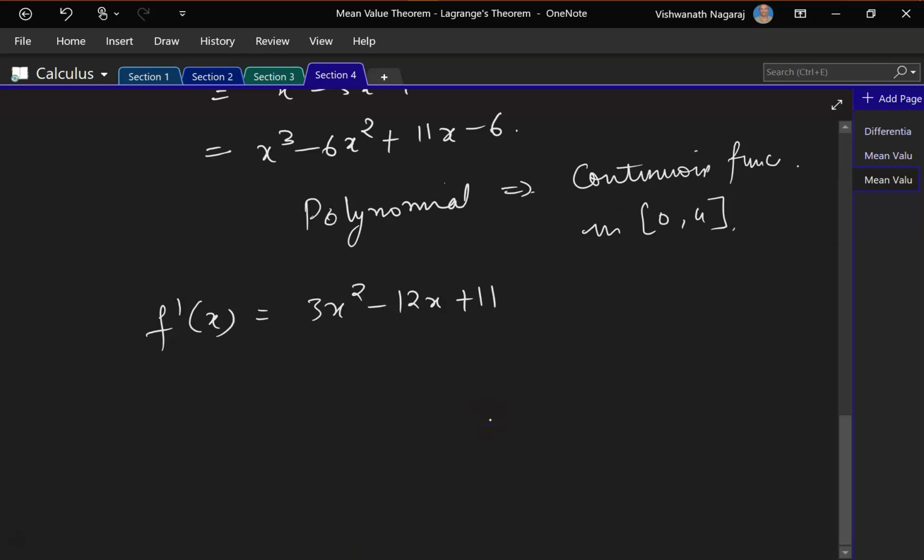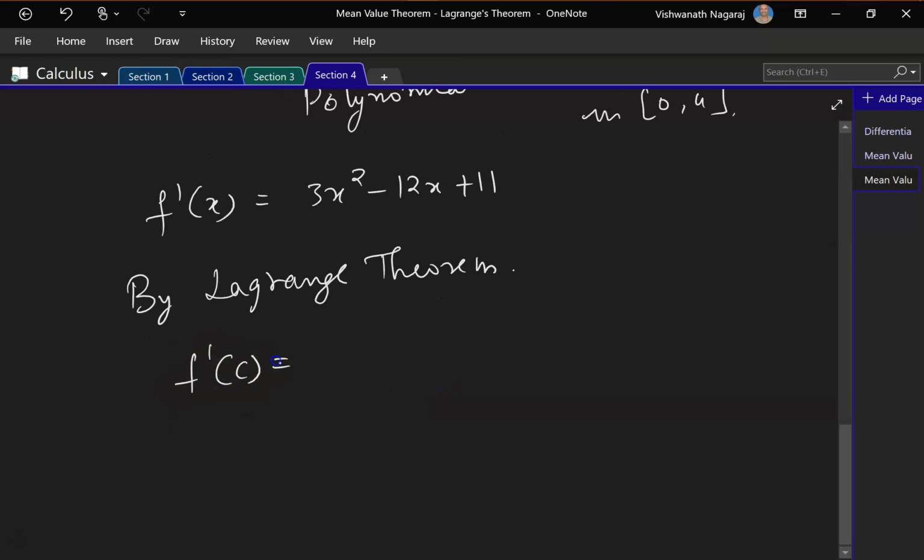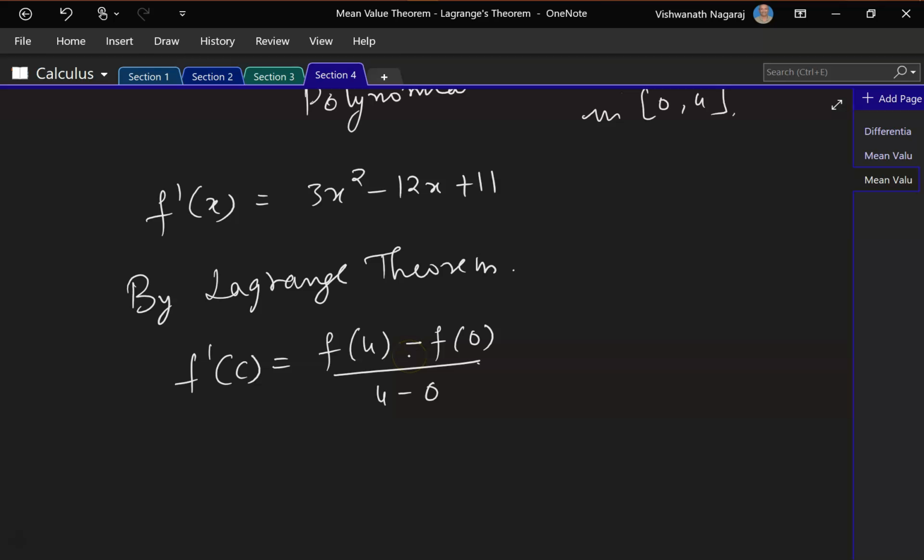So that means by Lagrange's theorem, f prime of c is equal to (f(4) - f(0)) / (4 - 0), which is going to be the slope at a point which is parallel to the chord, or the line connecting f of 4 and f of 0, where c belongs to (0, 4).